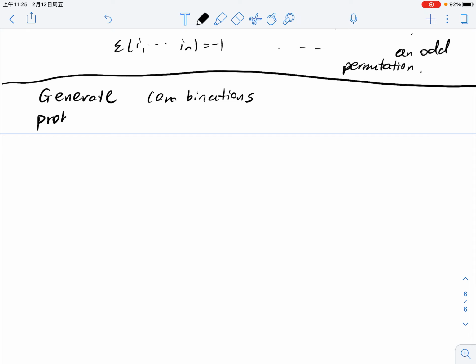And the question is how to list all subsets of S, or how to use a computer to enumerate all the subsets of S. The reason why we want to enumerate all the subsets of S, or all elements of some set, is because sometimes you need to test some statement for each element.